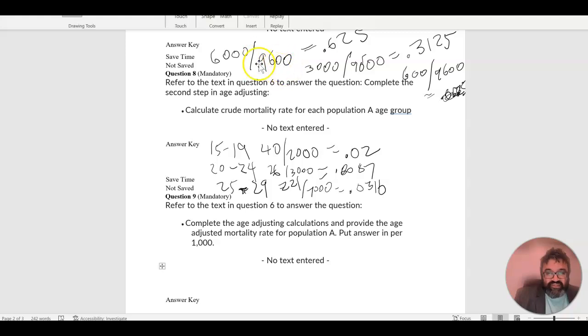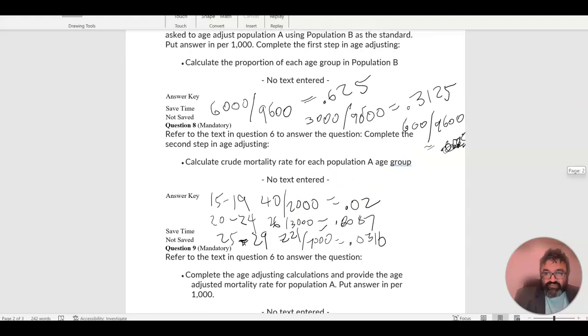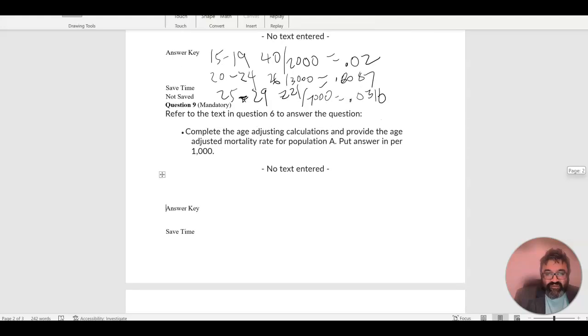There's the 6,000 divided by 9,600, and you're multiplying that by 40 over 2,000. If you want to do this all in decimals, that's 0.625 times 0.02.